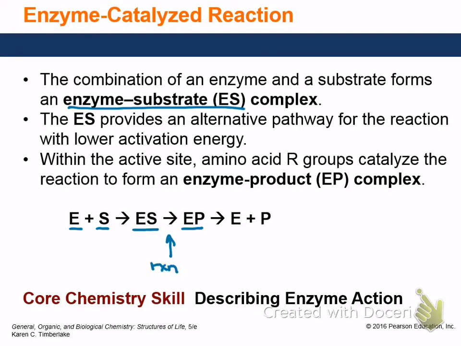And then once the product is formed, because the product is different than the reactant, and remember, the reactant is the substrate. The substrate comes into the active site. Why does it bind there? Yeah, there are specific interactions with amino acids. So it binds to the active site because of its shape.